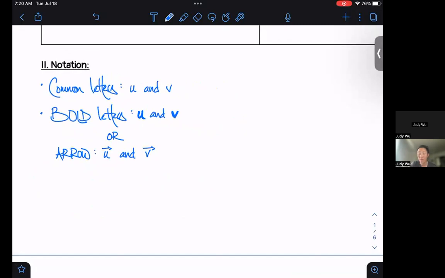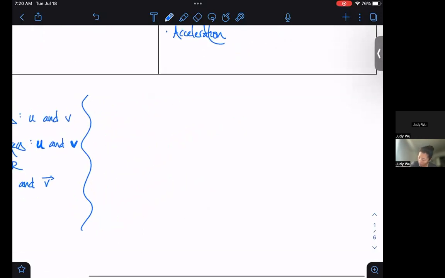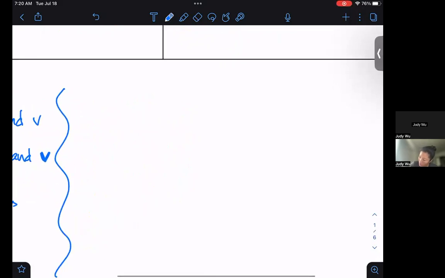Now, once we know the letters, what does it look like when we're actually writing out the specific forms? Well, it turns out that we could have, for example, a U vector, and we might write it with a pointy bracket, a comma b. And a and b are just real numbers.